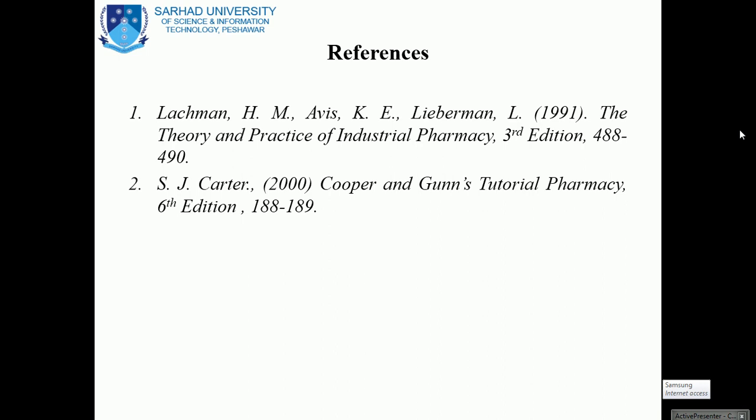The pages may vary in the latest edition or any other edition. And the second reference you can consult for this lecture is Cooper and Gunn's Tutorial Pharmacy, 6th edition, pages 188 to 189.